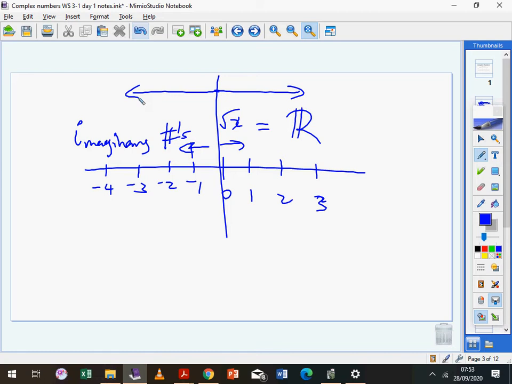Now you could be wondering, why are we even studying these imaginary numbers? How are they helpful? Well, in the world of engineering and physics, a lot of the problems that we do in school do not take into account things like air resistance. Most of the physics problems deal with constant acceleration.